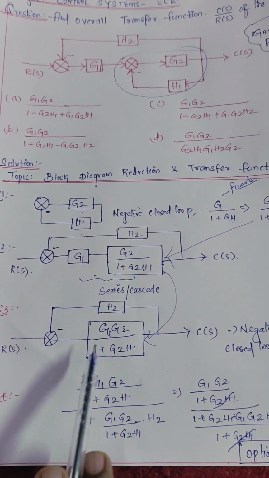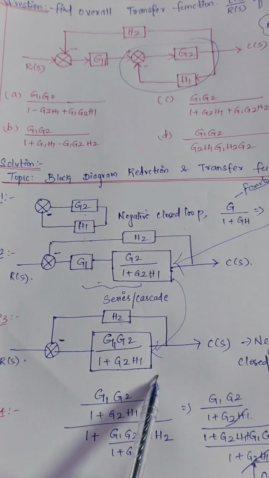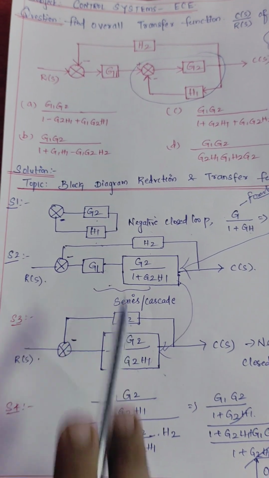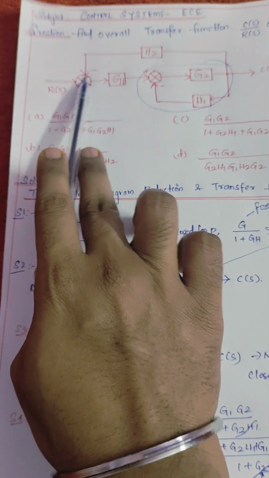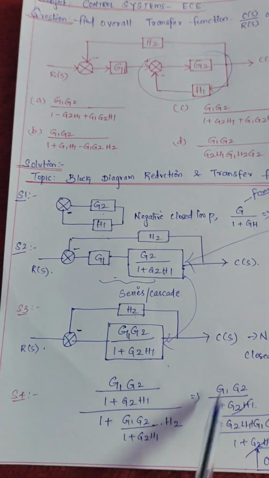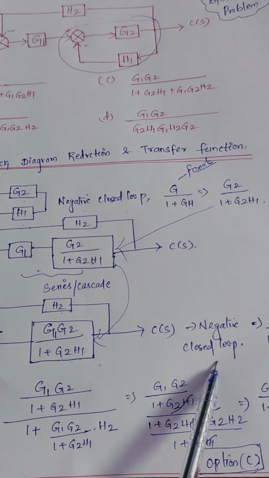G1 G2 divided by 1 plus G2 into H1. Now this full part is in parallel with H2 through the summer with negative. Again it is a negative closed loop format.